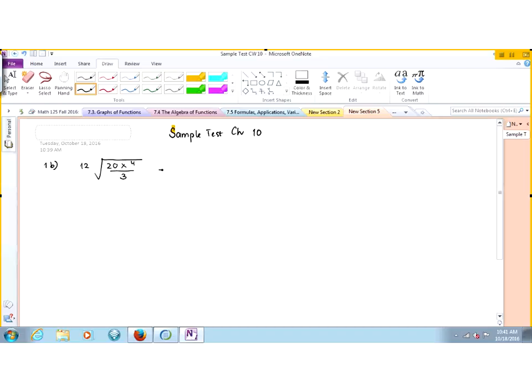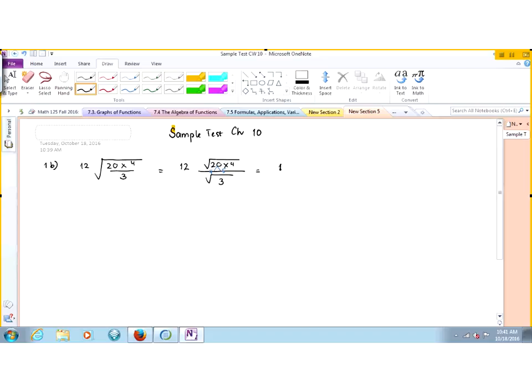Okay. Now, what should you do? So split it up. Square root of 20 x to the 4th divided by square root of 3. Okay. Now, can I factor out a perfect square from 20? What is 20? 4 times 5. Now, what about x to the 4th?